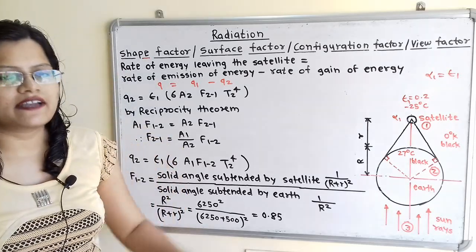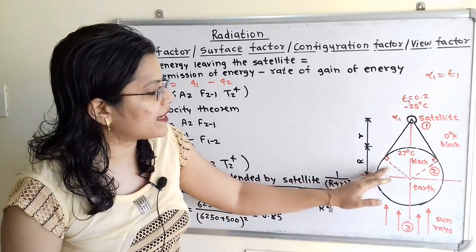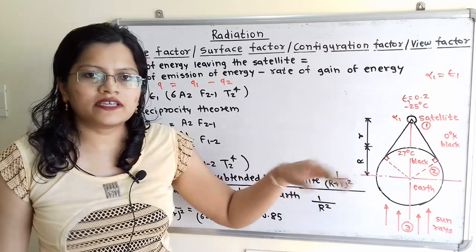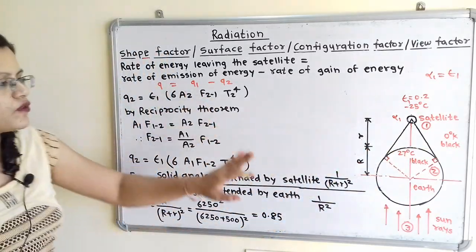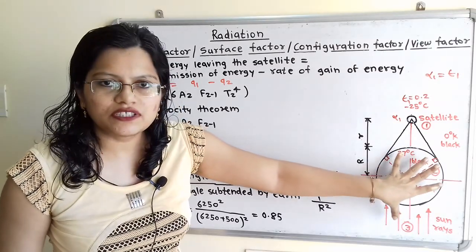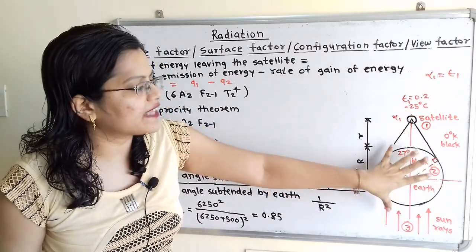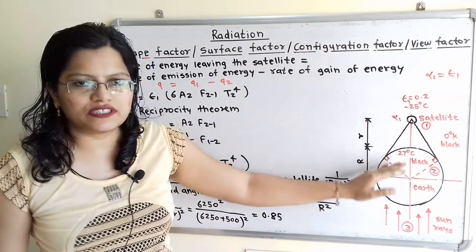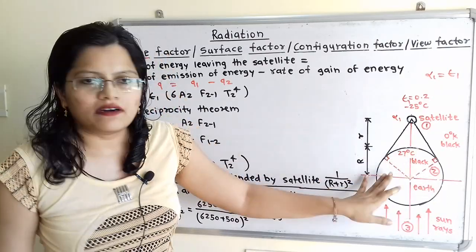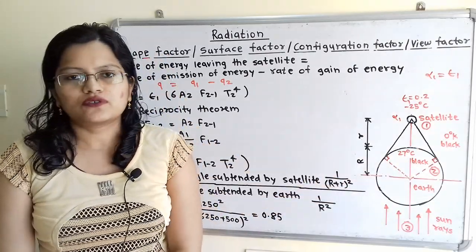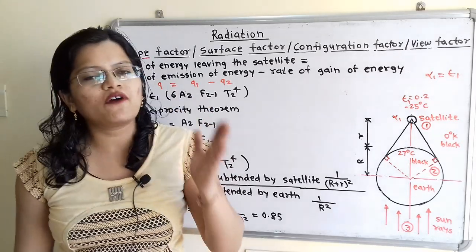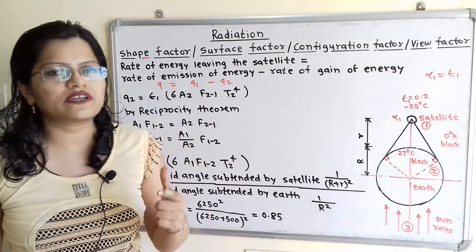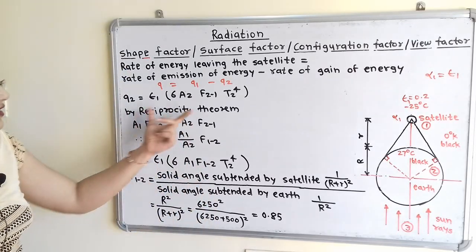So we can say that the radiant flux emitted by the earth is constant. That we have to consider, because the earth is of much bigger size than the satellite. That's why the radiant energy emitted by the earth is constant. So instead of F of 2 to 1, we will find out what is F of 1 to 2 by applying the reciprocity theorem.